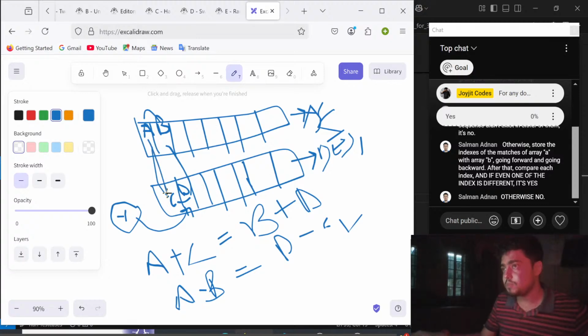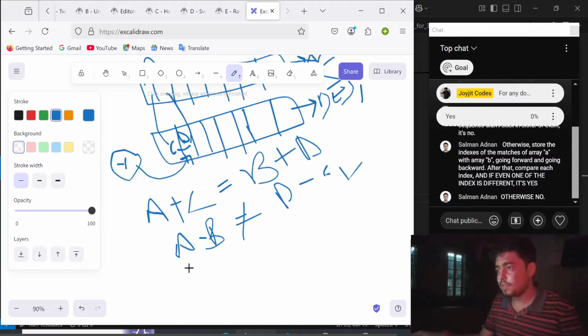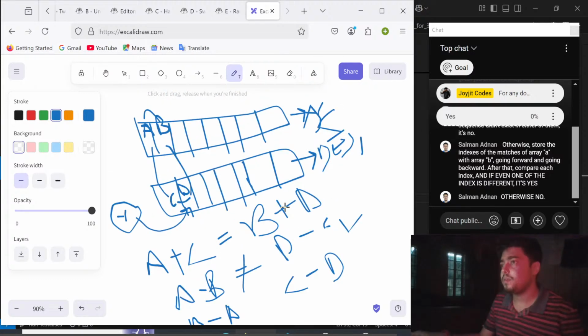But if it is not equal, then we have to find out which is greater, B minus A or C minus D. When I'm talking about A minus B, it means B minus A. Let me just write it like this: B minus A and C minus D. Because you know that it is descending, I will try keeping it positive only. And this is ascending.